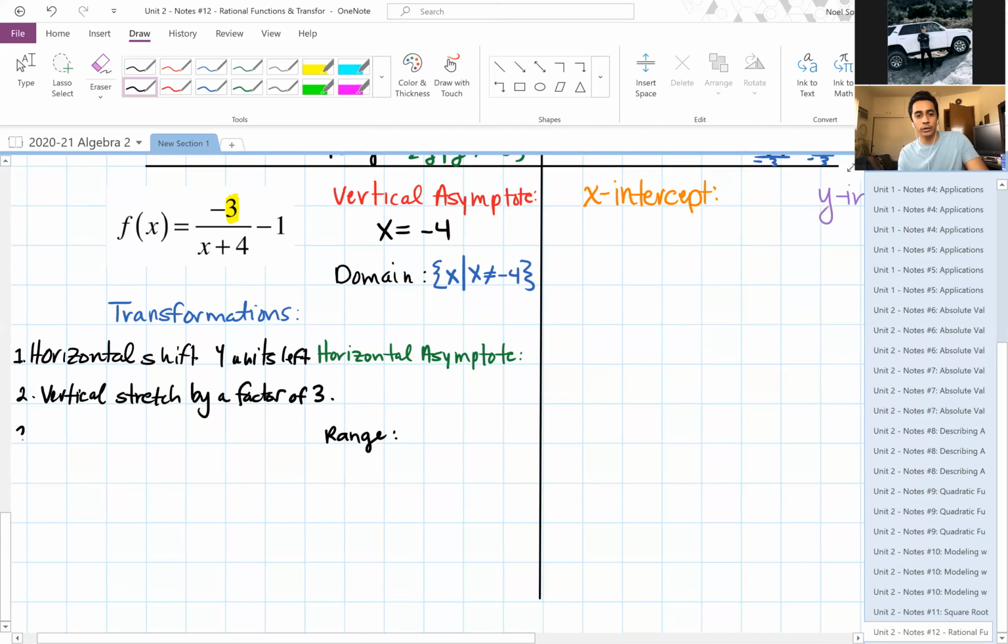All right. Then the negative, that one does discuss the reflection, but notice where the negative is at. I'm not sure why you guys are saying y-axis. A y-axis reflection would mean that the negative is the coefficient for the x.